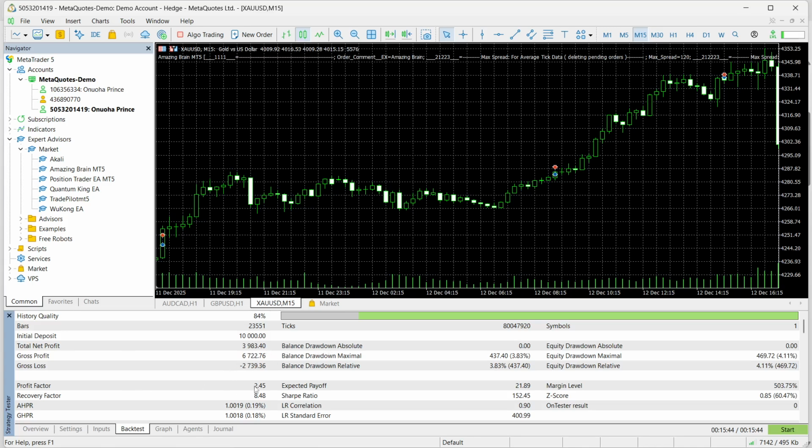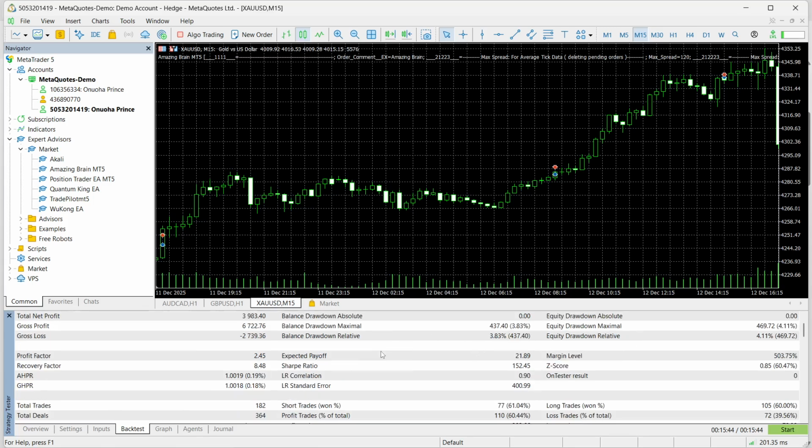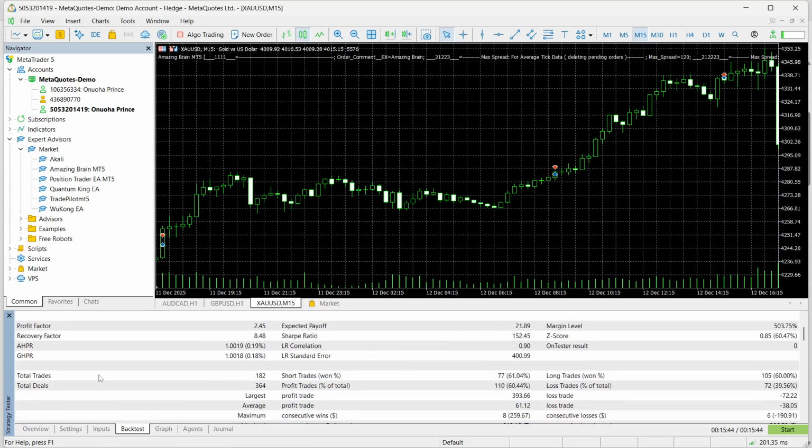The profit factor was 2.45, pretty close to what we have on the developer's page, and the balance drawdown was 3.83%. Okay, so the total trades taken over the period were 182 trades.